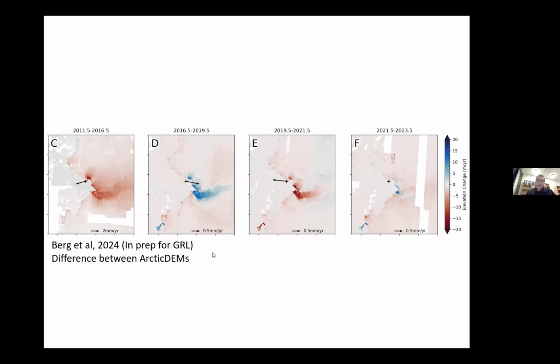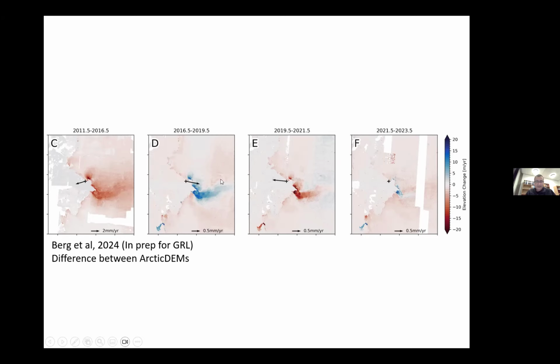Now here you can see this. This is based on Arctic differences. The first panel here shows mean elevation change from 11 to 16, and the second shows the mean from 16 to 19. And now we see the blue color here.